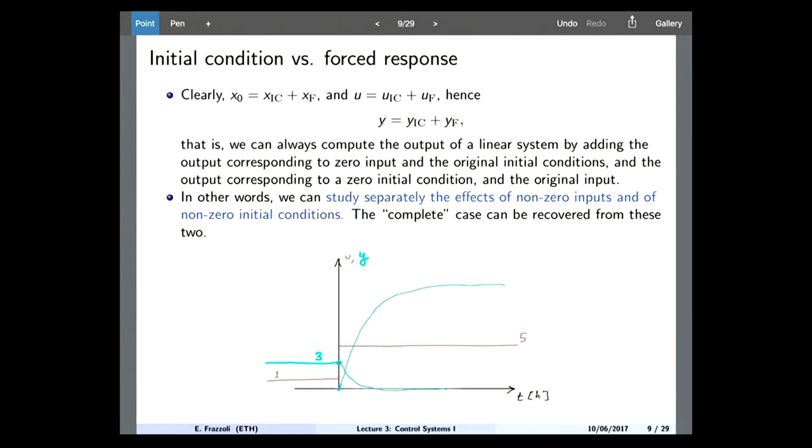Okay, so remember that since we have a causal system, we know that my initial condition, my initial state, so essentially the summary of everything that has happened in the past, can be given as this state at time 0, okay?